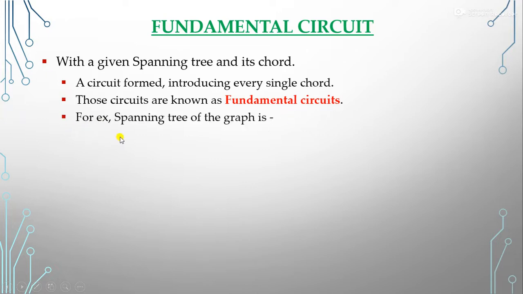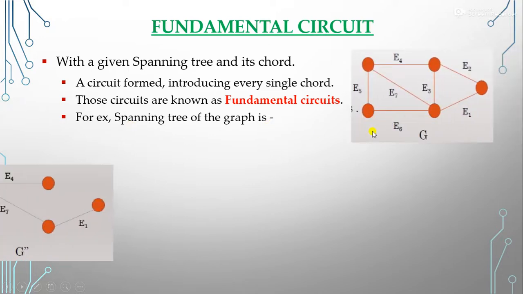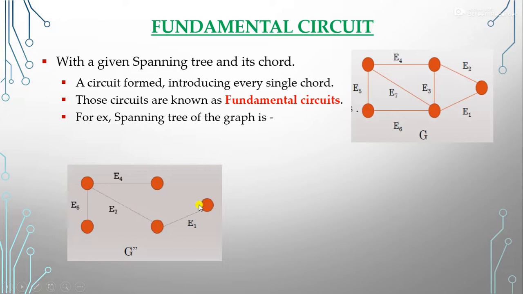For example, suppose we have a spanning tree of a graph. This is our graph, and the spanning tree of this graph is this one, suppose. Okay. Here we have a total of 5 vertices and 7 edges in the given graph. The spanning tree of this given graph is this one, G double dash.